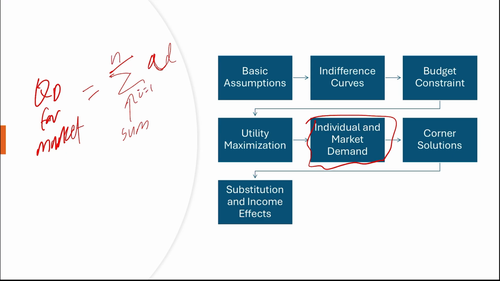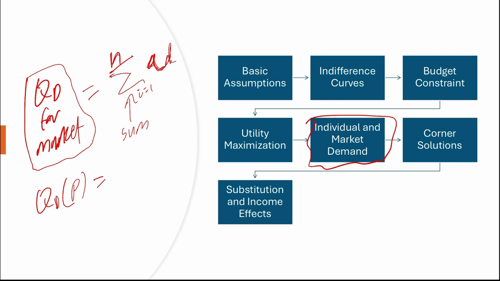So if we have n consumers, we look at a given price, how much does each consumer want to buy, and if we add that up, that'll give us our total quantity demanded. So we can think about quantity demanded as a function of the price, and that's just adding up over all the consumers how much each individual wants to buy as a function of that price.